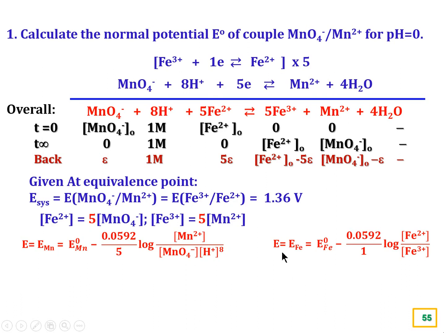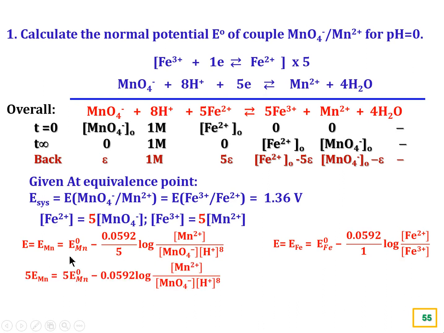And E measured equals E of the couple Fe, since the E of the couples are equal: E0 minus 0.0592 divided by 1 log Fe2+ divided by Fe3+.